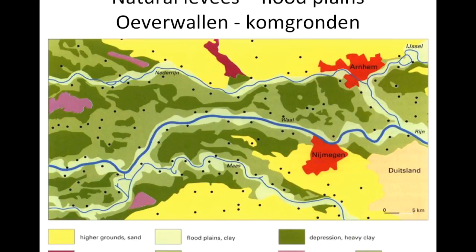By the way, the natural levees and the creek ridges are called oeverwollen in Dutch. That's only the natural levee. They're formed in a natural way. And the floodplains are called the komgronden. So this is the biggest kom, this is a big kom, and then the oeverwollen are over here.